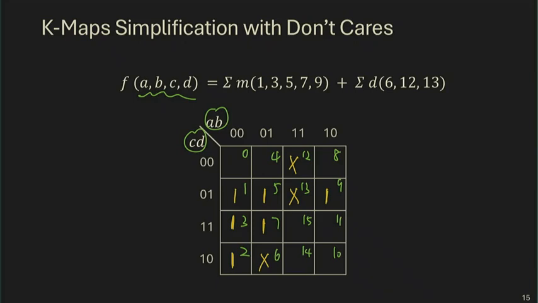I'm just following the indices, but if it's a min term, I put down 1. If it's a don't care, denoted by that lowercase d, I put down an x. At this point, if I were to minimize the function, I can just erase all these indices. It makes my life a little bit easier because I can just concentrate on the zeros, ones and don't cares.